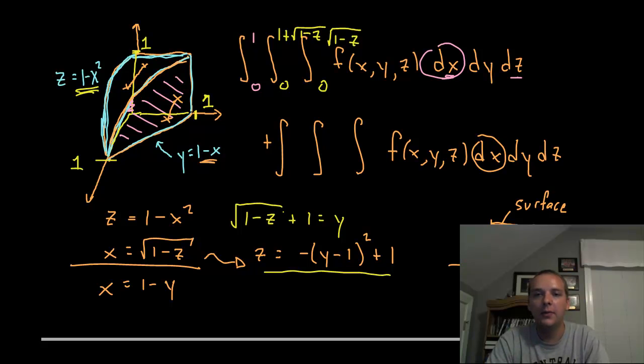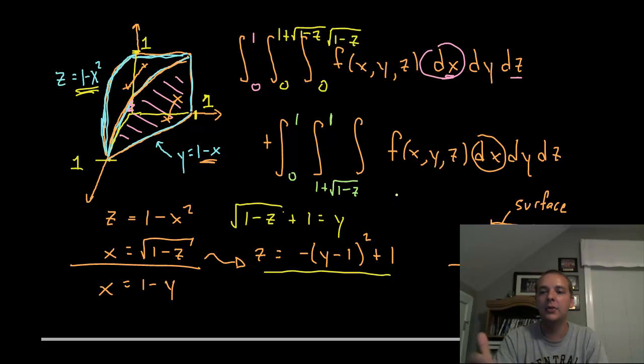All right, and for the other one, I'll color code that with maybe green. Now we're in this region here. The z's still go 0 to 1, but as the z's are going from 0 to 1, the y values are going from this curve, that 1 plus root 1 minus z, up to 1. They're bumping up against the right-hand side and hitting a constant value of 1 each time.